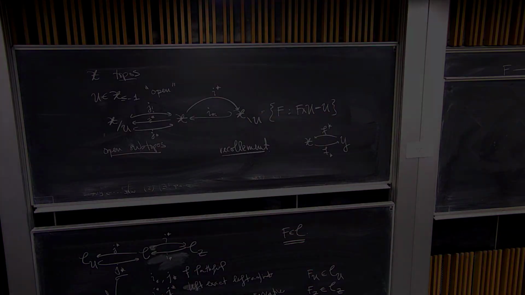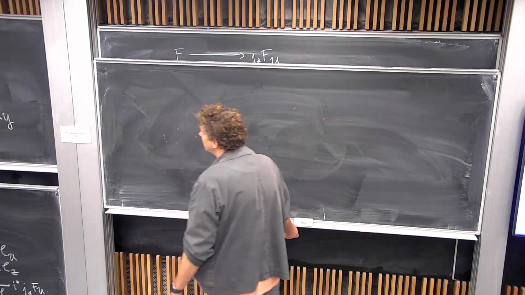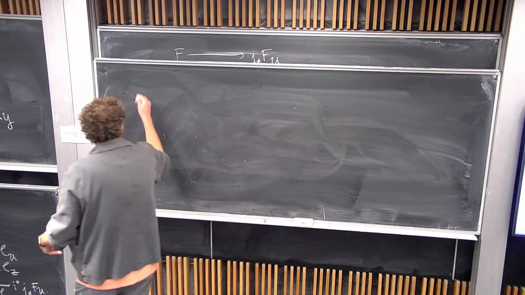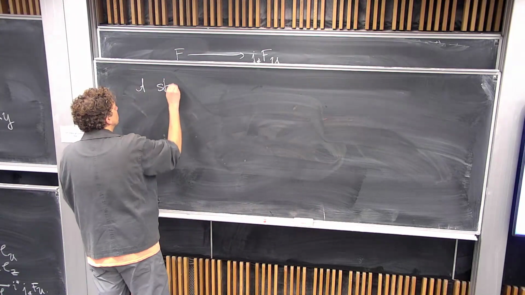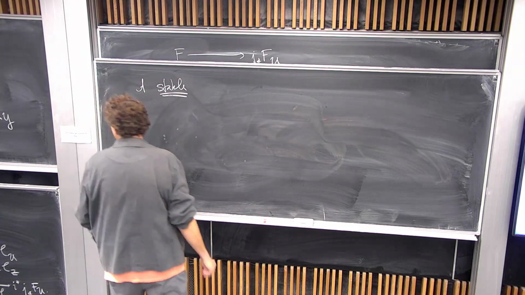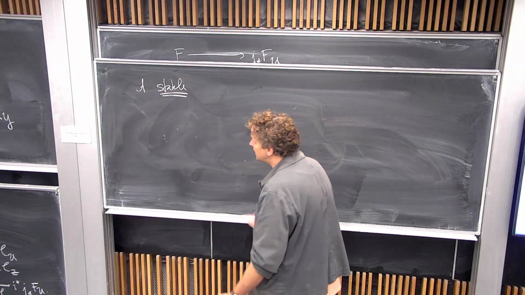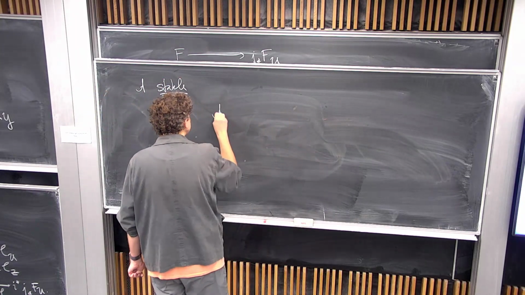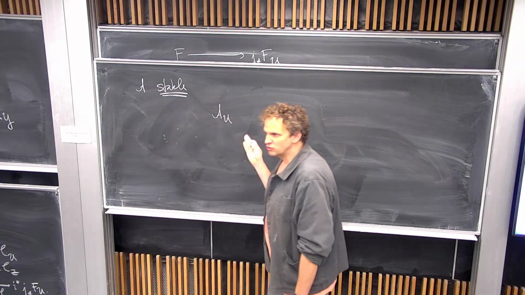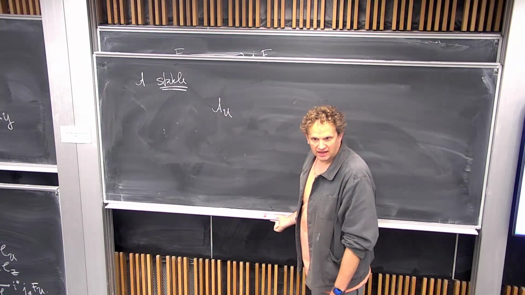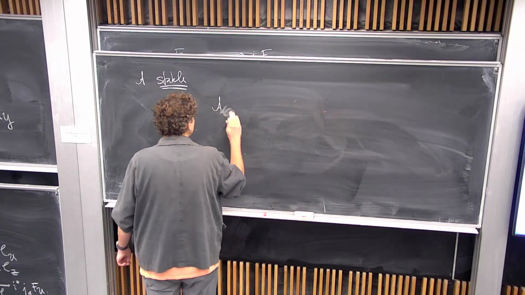And then you started working really hard to figure out how to do that. So if A is a stable infinity category, then in this recollement type situation, you have even more structure lying around.